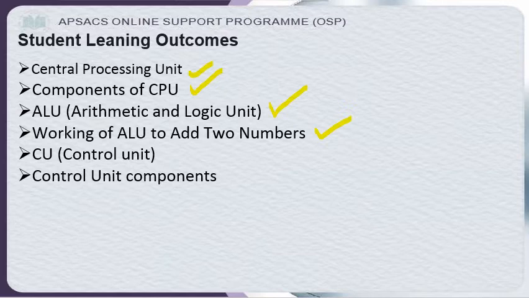Later on we will discuss the control unit, which is the second component of a microprocessor or central processing unit, and the components of the control unit.